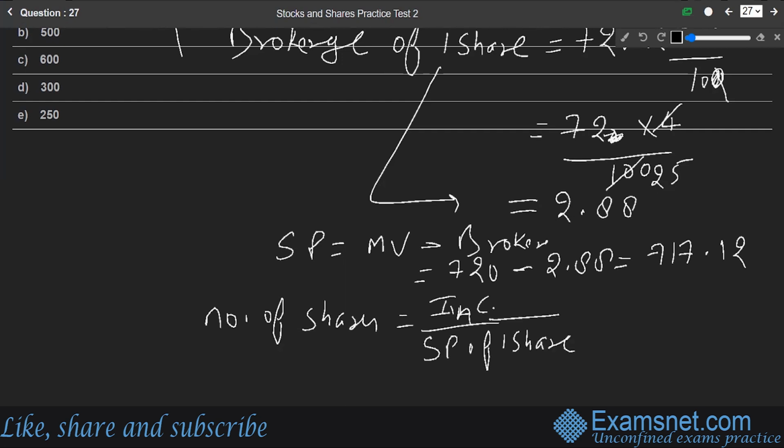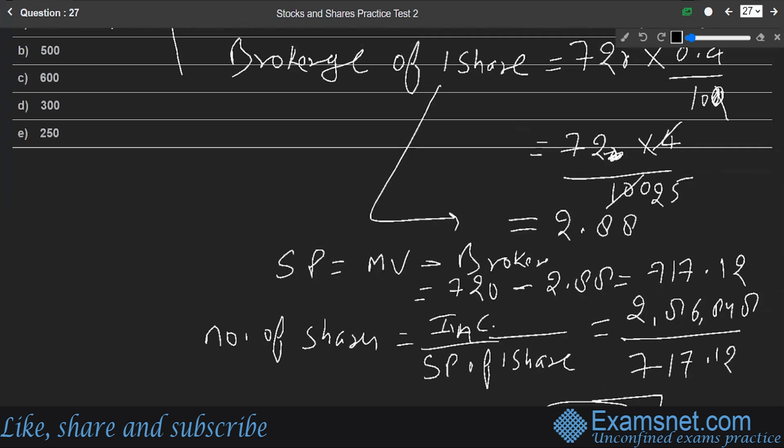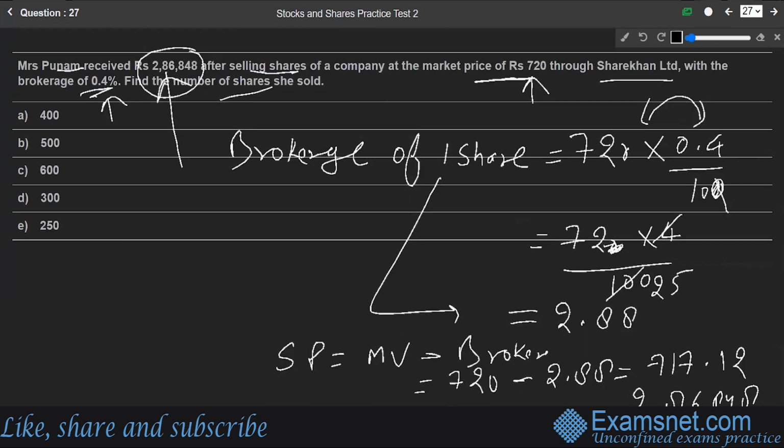Total selling price is 2,86,848 divided by the selling price of each share, 717.12. If we divide this precisely, we get the number of shares as 400. So this many shares have been sold by Mrs. Poonam. 400 is the number of shares. That's the right answer, clearly available in option number A.